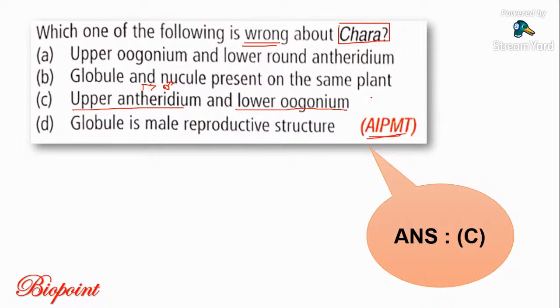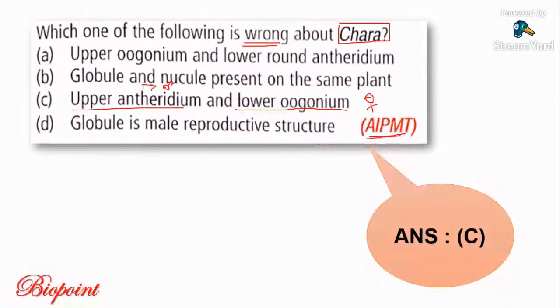Is it upper oogonium and lower antheridium? One second, let me check it out because I have got another answer over here. Yes, the correct answer is upper antheridium and lower oogonium.